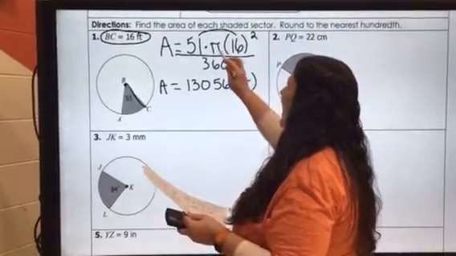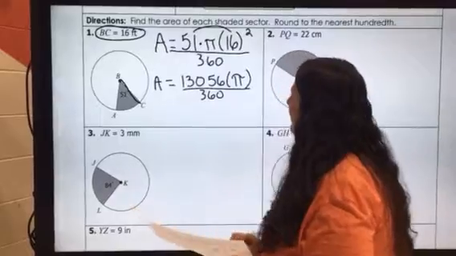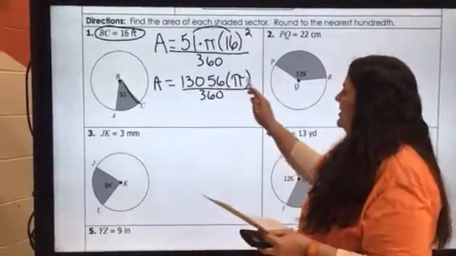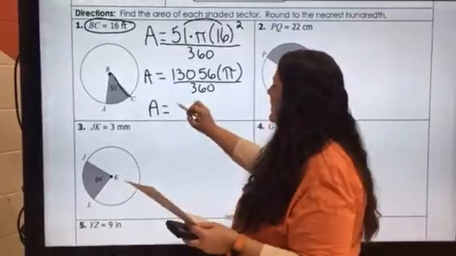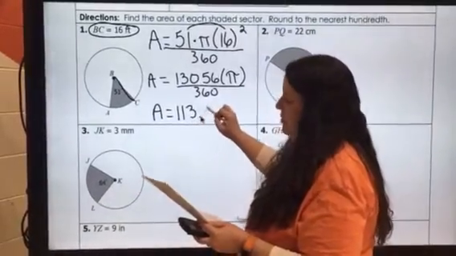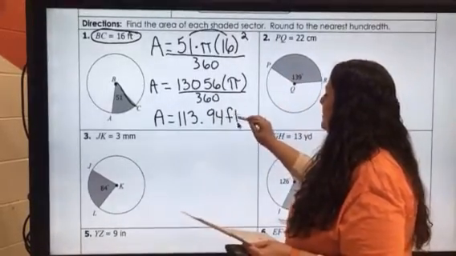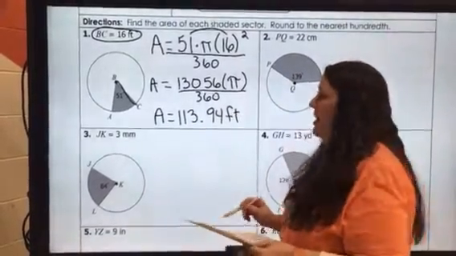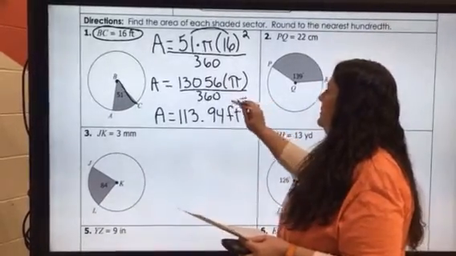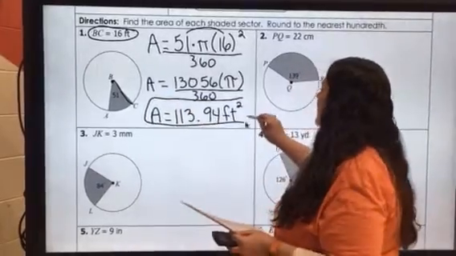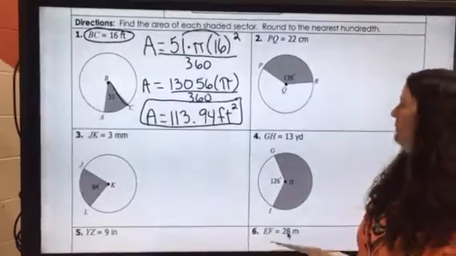Then she takes that times pi divided by 360, and she gets 113.94. Again, we put the measurement we're talking about, and since we're doing area, you need to make sure that you put the little square sign there. So the area is 113.94 feet squared.